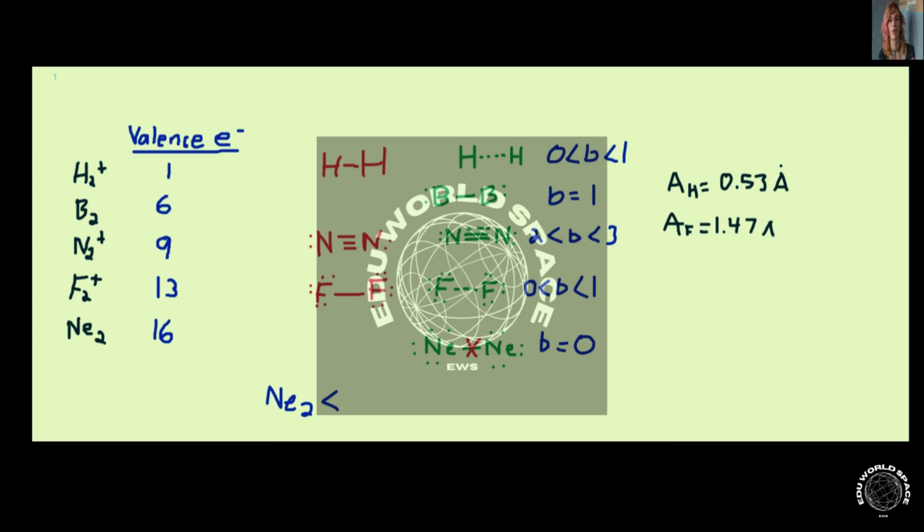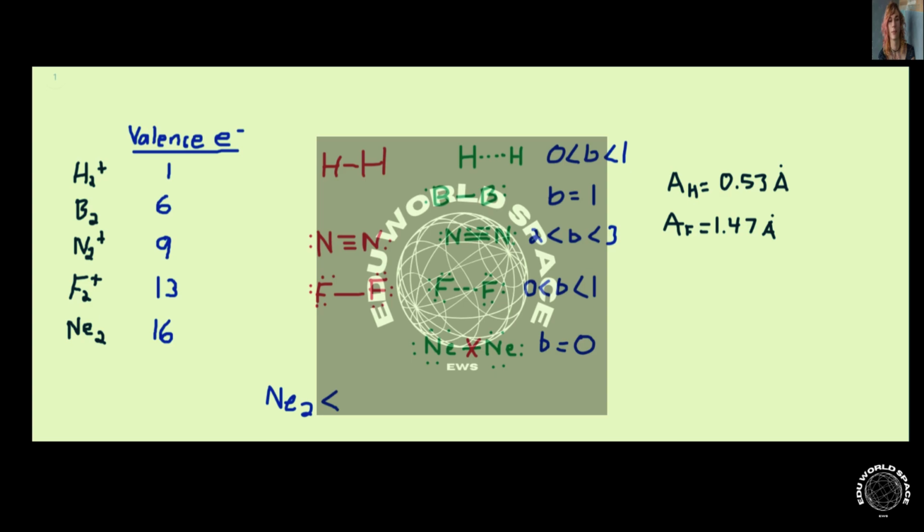Now in diatomic elements, we can approximately say, assuming a complete single bond, that the sum of the atomic radii of our atoms gives the length of our bond.